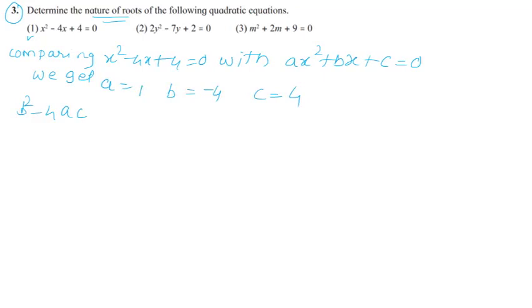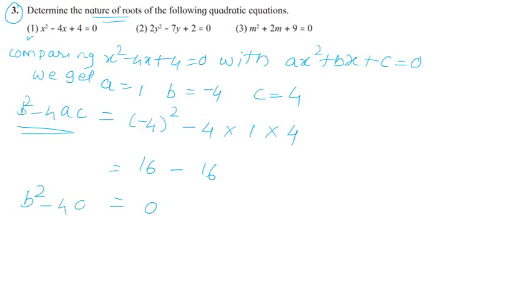Now substitute this value of a, b, c in the discriminant. b square, that means minus 4 square, minus 4 into value of a is 1, value of c is 4. Okay. Minus 4 square is 16, minus 4 fours are 16. 16 minus 16, 0. b square minus 4ac, therefore equal to 0. Now, this is the value of discriminant.